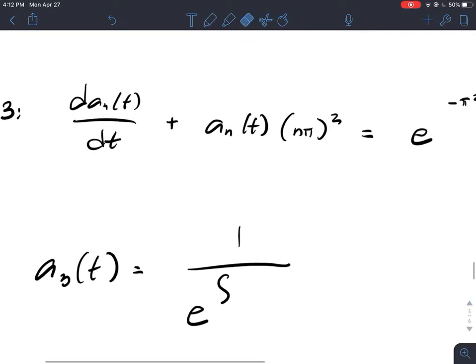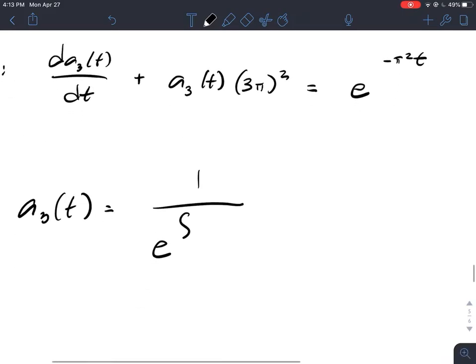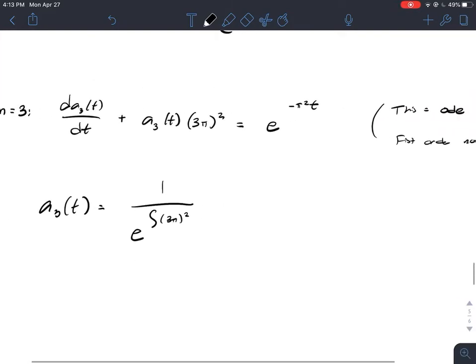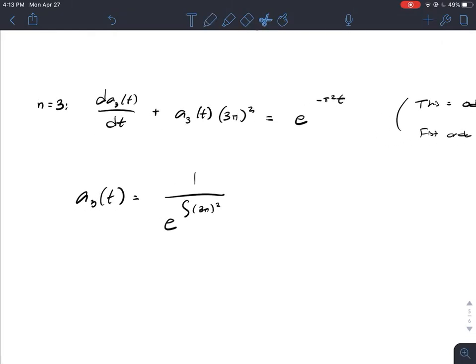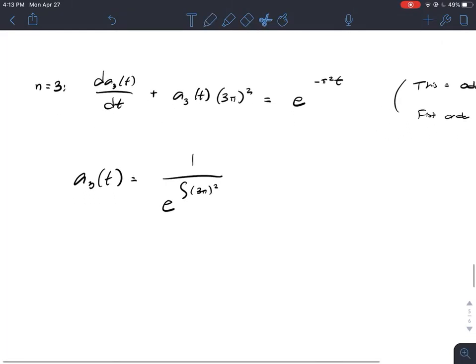Remember, I should probably justify this. We're looking explicitly for the 3 case, so we have to plug this in. Just for notation's sake, 3 pi squared is equal to, okay, now we're good. You can find this formula online, but you have to solve this differential equation.